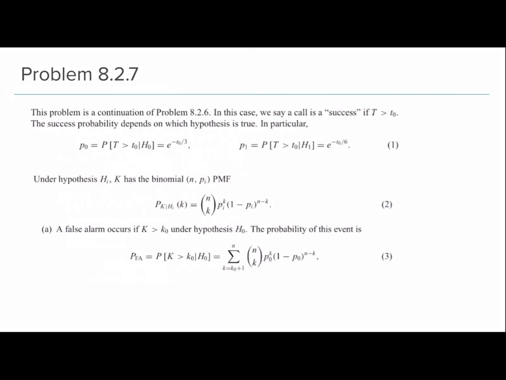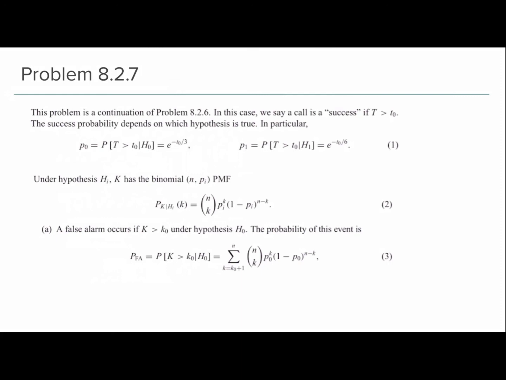So basically a binomial PMF, because k out of the n calls last longer than t naught minutes with the probability p naught or p1, and the remaining calls last less than t naught minutes with probability 1 minus p naught or 1 minus p1. I hope why the distribution of K is a binomial PMF is okay with everybody.